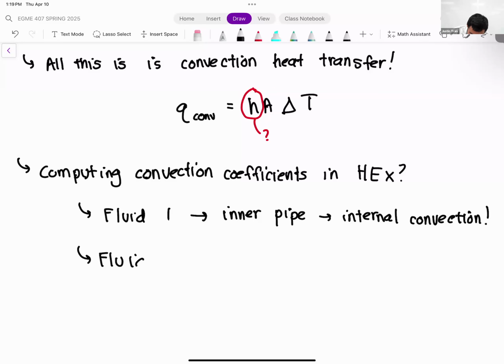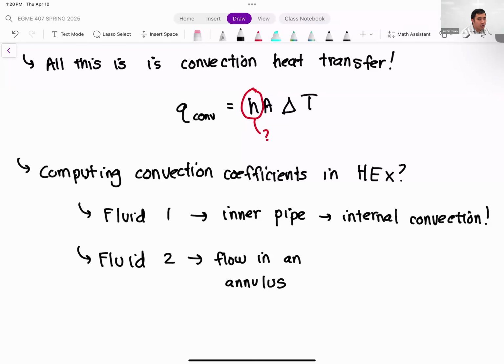Now the tricky part, or the new thing, is computing the convection coefficient in fluid 2. Okay. Technically, fluid 2 is an internal flow as well, but the flow geometry is a little bit different. For fluid 2, instead of having flow in a cylindrical pipe, we have flow in an annulus.